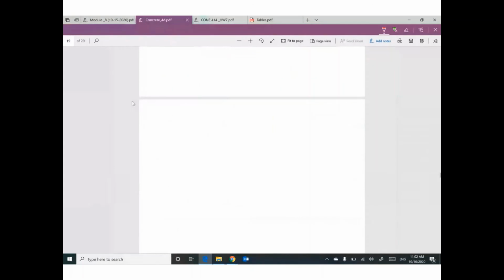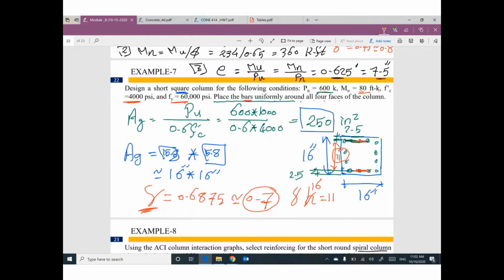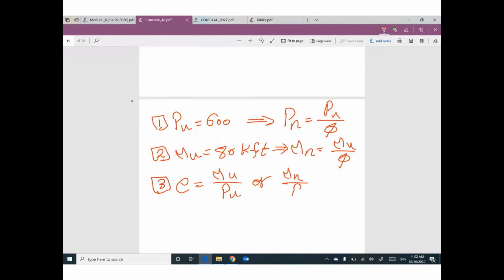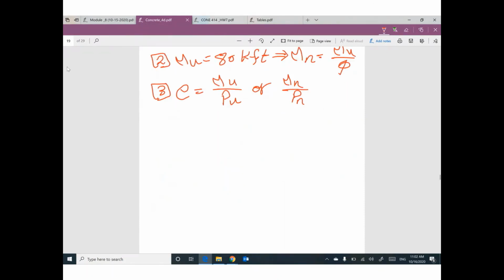P ultimate is given 600, so I can figure out the value of Pn. M ultimate is given as 80 kip foot, so I can figure out the value of Mn equal M ultimate divided by phi. Eccentricity is not given, so I can figure out eccentricity equal M ultimate divided by P ultimate, or Mn divided by Pn. Gamma 0.7.